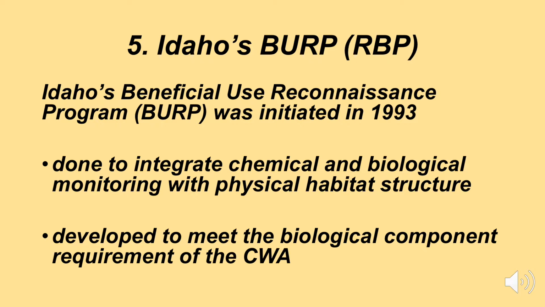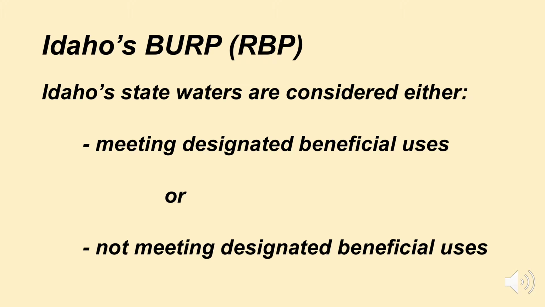So if we take a look in a little bit more detail at Idaho's BURP program, if you look in a watershed in Idaho, the State Department of Environmental Quality will classify a stream as either meeting the designated beneficial uses or not meeting designated beneficial uses.